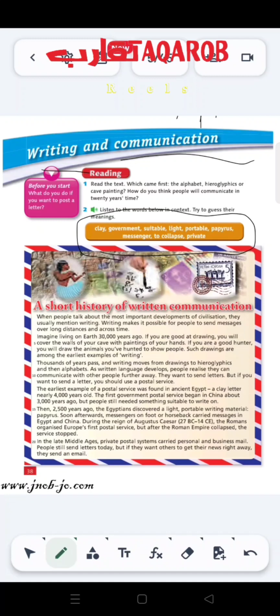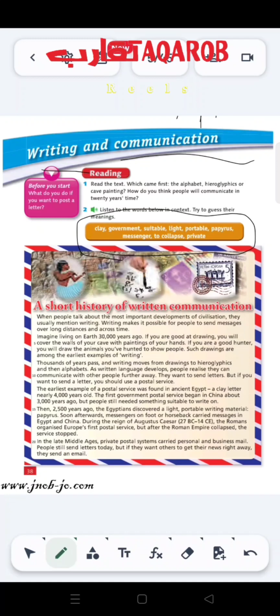Number 7, messenger. Number 8, to collapse. And number 9, private. Again, clay, government, suitable, light, portable, papyrus, messenger, to collapse, and private.